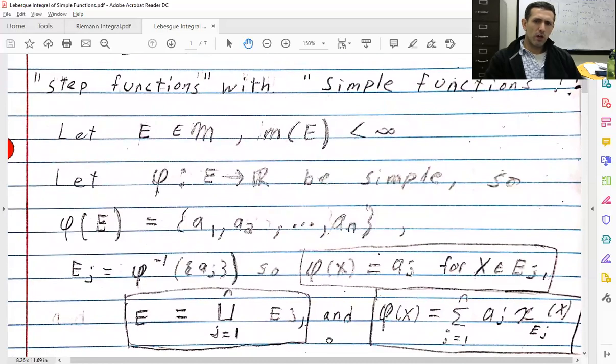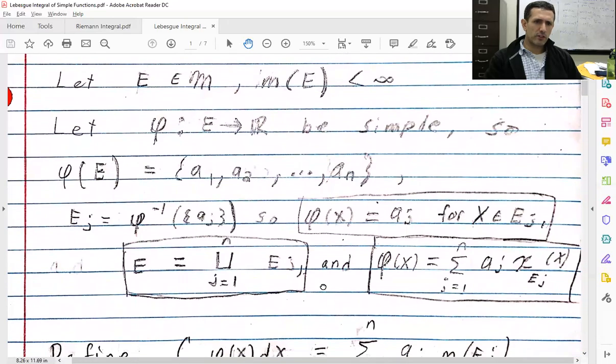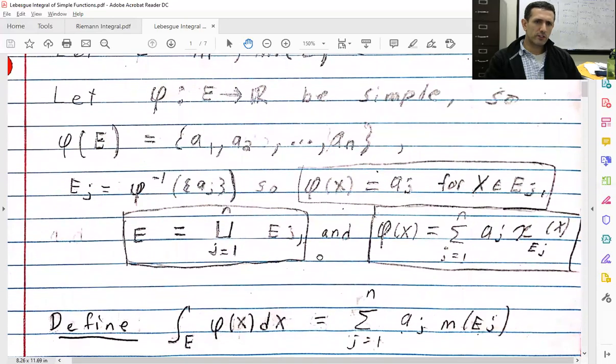Okay, so I'm going to define the Lebesgue integral of phi(x) over E just to be this sum here. Okay, and I encourage you to check that this actually extends the result we just mentioned a second ago for taking the Riemann integral of a step function.